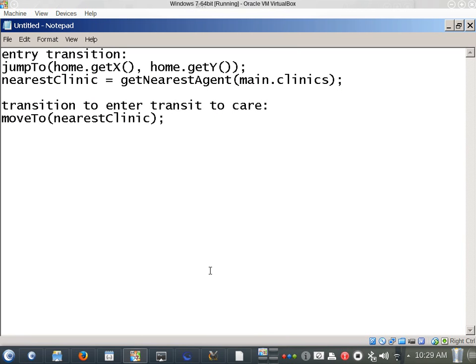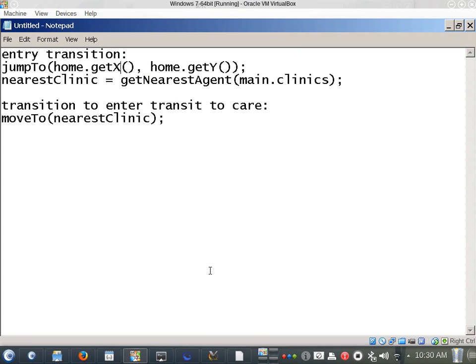I thought we'd do it once because the homes aren't moving around, but you could in fact do it, and that would be more in line with Roberto's interest in resilience. If a clinic closed, then it would still work. That's a nice idea, and if you'd like to try that, it would be a nice variant of this.